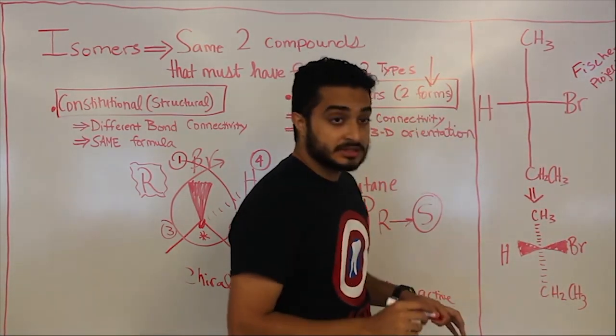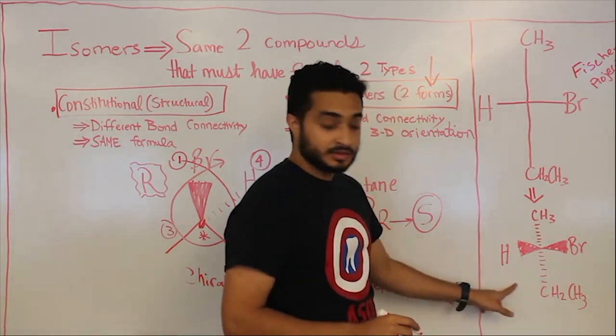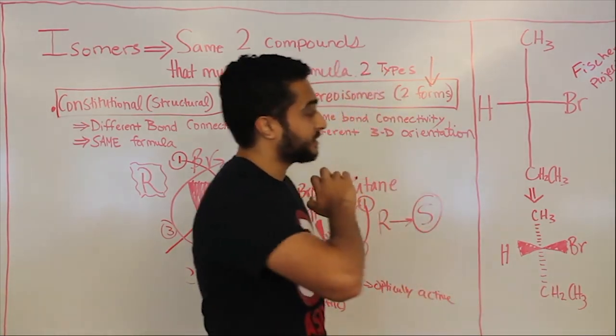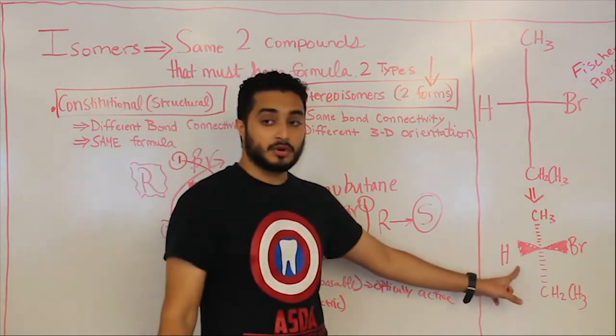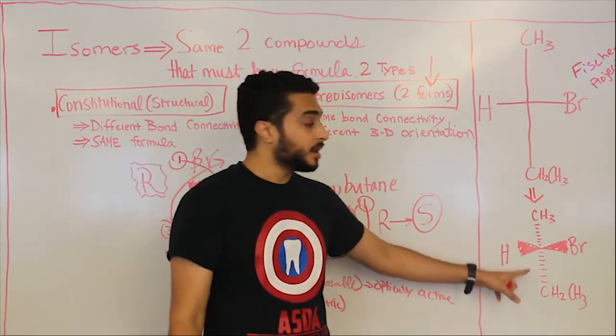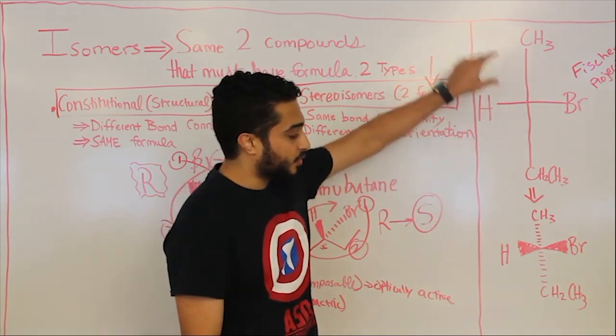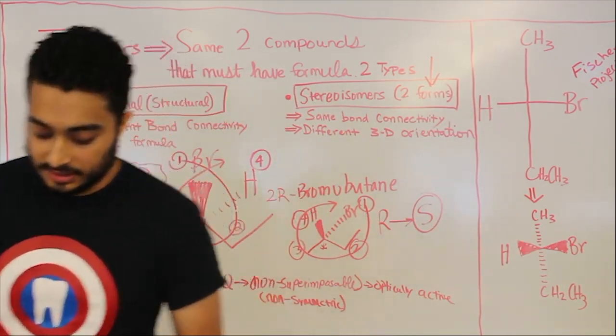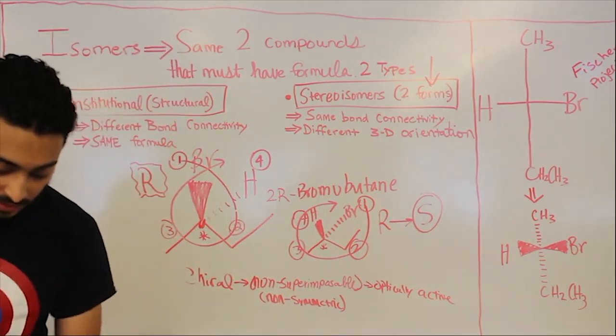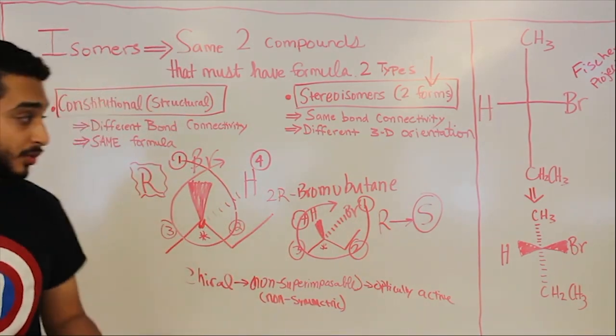All the horizontal bonds going from right to left are always wedges, okay? And the bonds that are going up and down are always going to be referred to as dashes. So just write that down and put it in the back of your mind, and we're definitely going to go over this again next week in more detail.